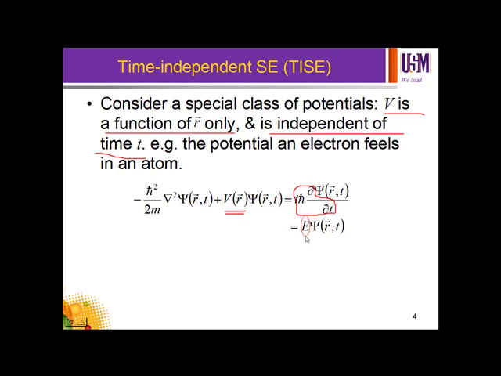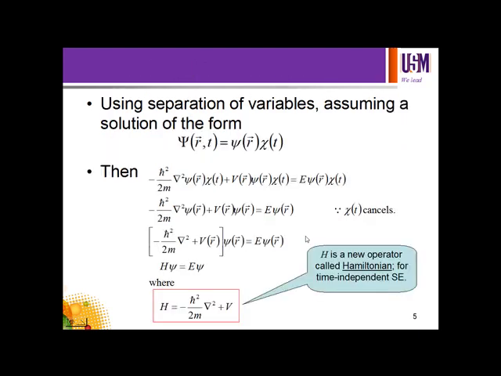Using separation of variables, assume a solution of the form capital psi equal to small psi in terms of R and chi in terms of t. We have two variables, R and t. Even though V is only dependent on R, the others are still based on R and t.